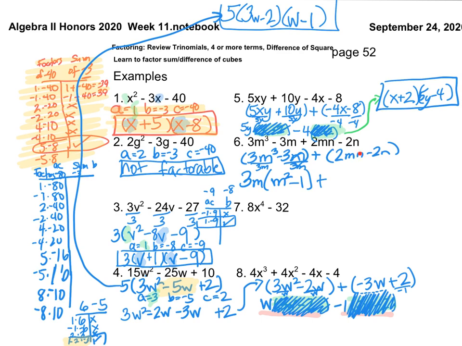So 2n is my greatest common factor for that second binomial. Then when I divide them both by 2n, 2mn divided by 2n is m, and negative 2n divided by 2n is negative 1. And let's see. It appears that this one does not factor either. Did I make any mistakes?